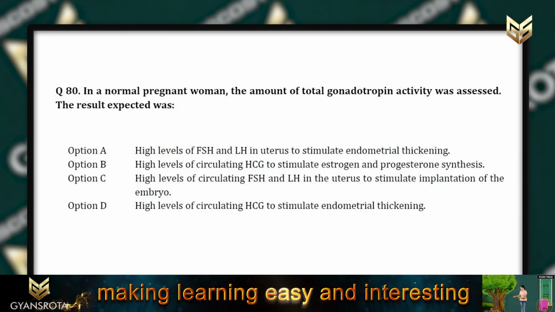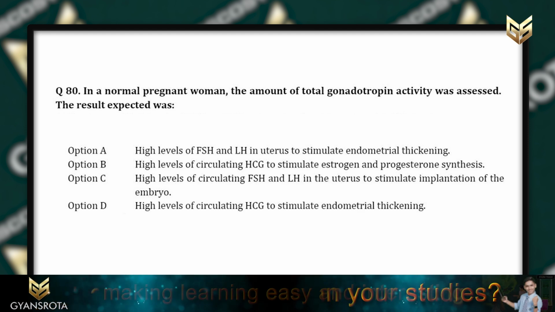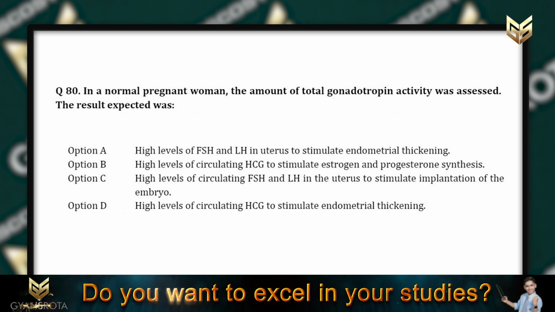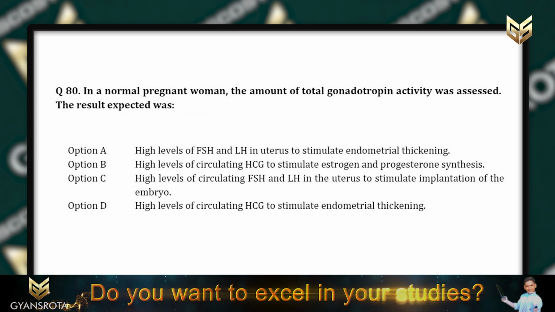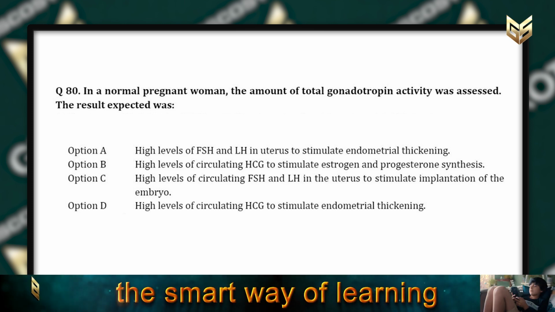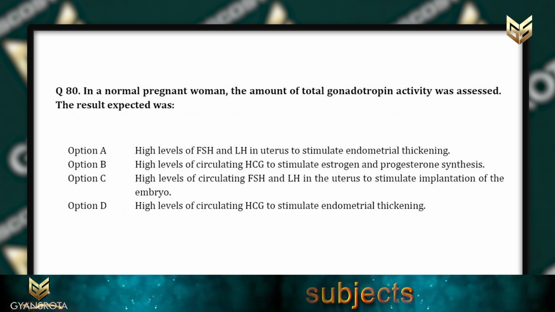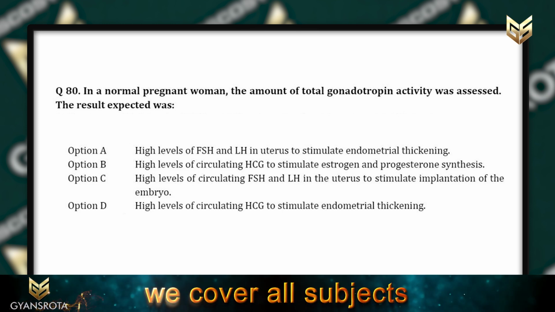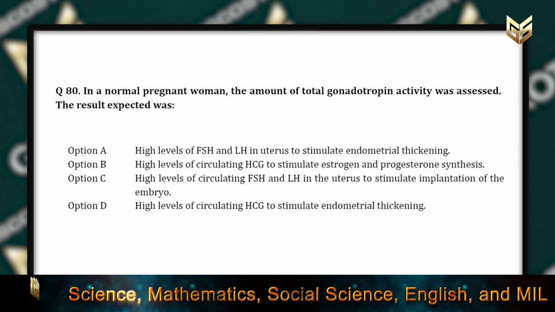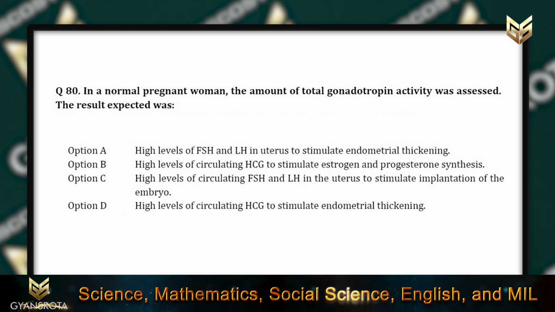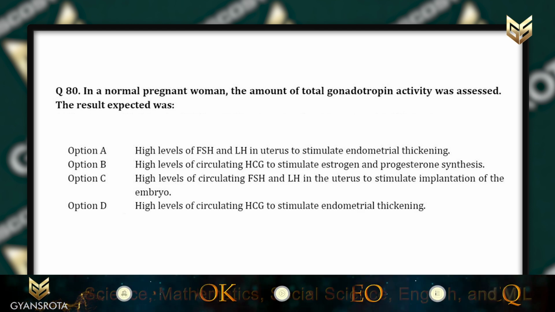In a normal pregnant woman, the amount of total gonadotropin activity was assessed. The result expected was option number A, high levels of FSH and LH in uterus to stimulate endometrial thickening.